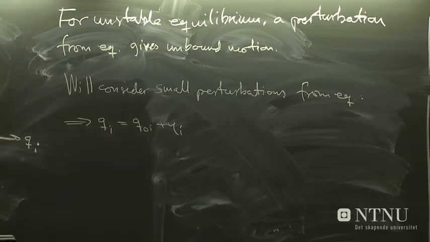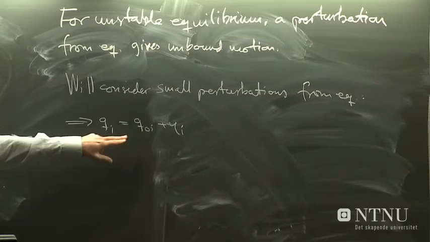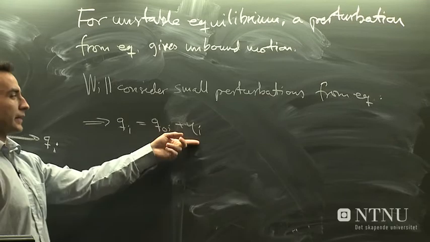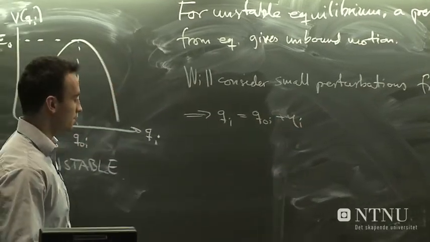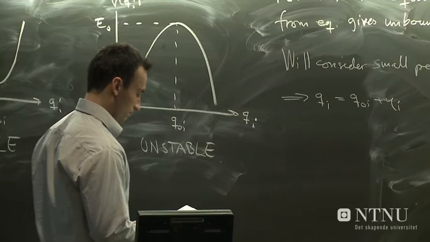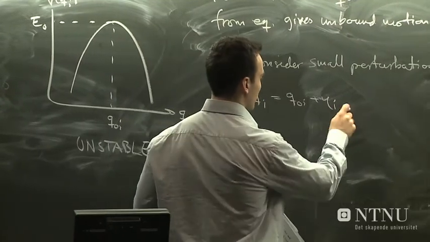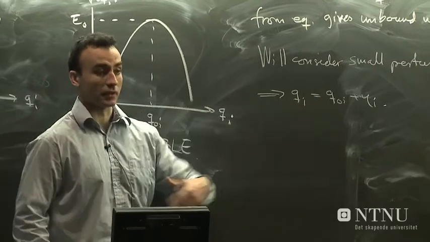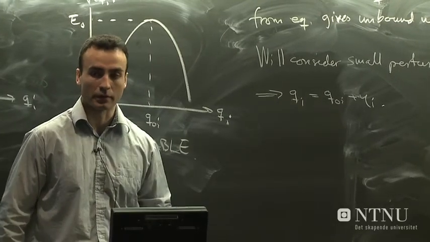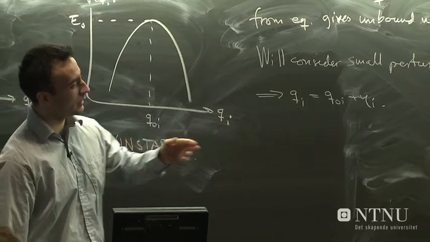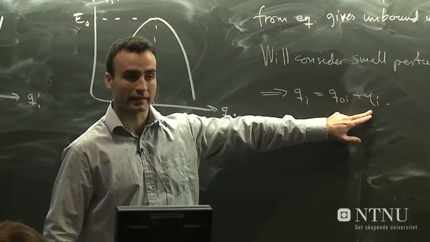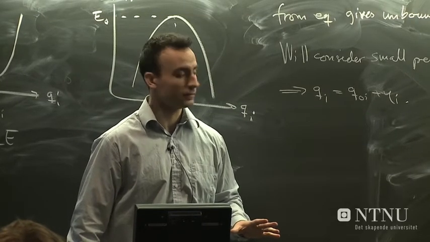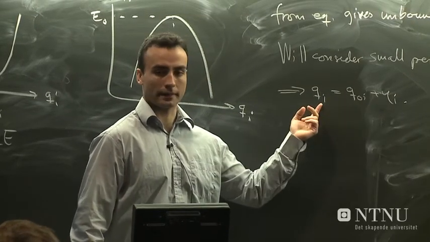So we write the generalized coordinate as an expansion around its equilibrium configuration. The perturbation here is denoted eta i. Now qi is our generalized coordinate. q0i is just a constant corresponding to the equilibrium configuration. So we might just as well consider eta i, the perturbation, as our new generalized coordinates. It's just a linear shift compared to qi.